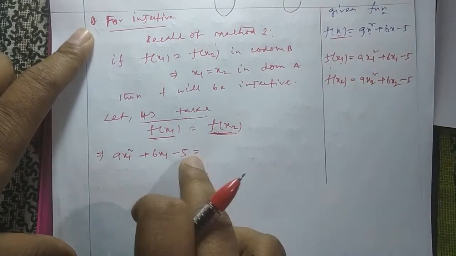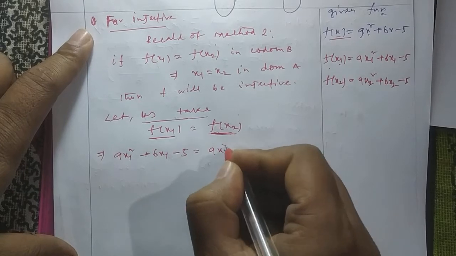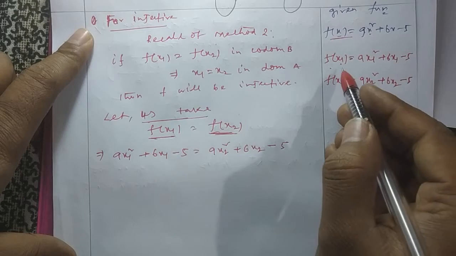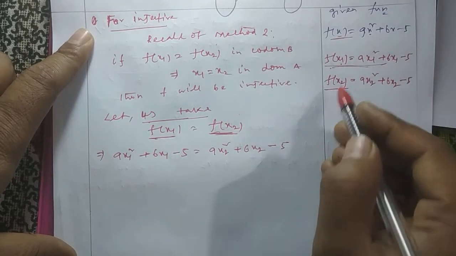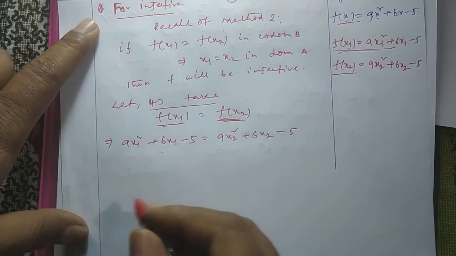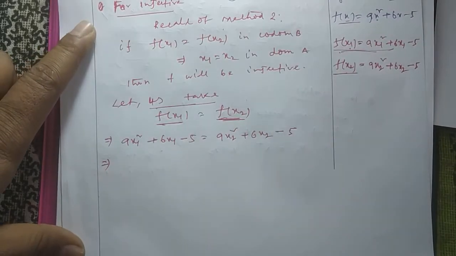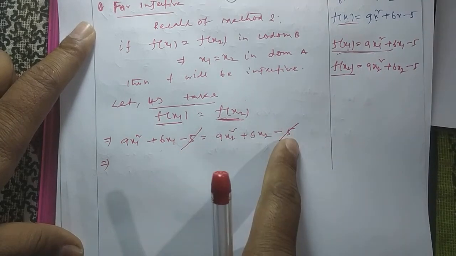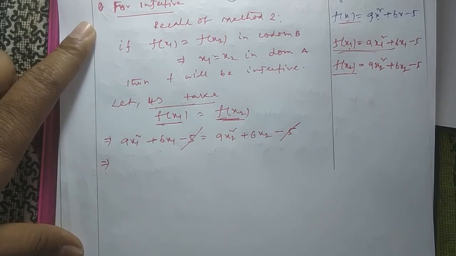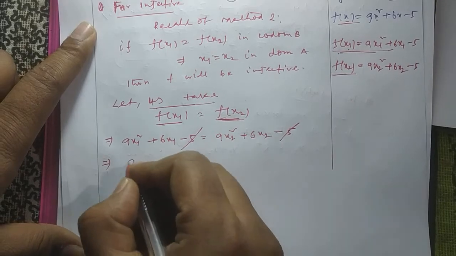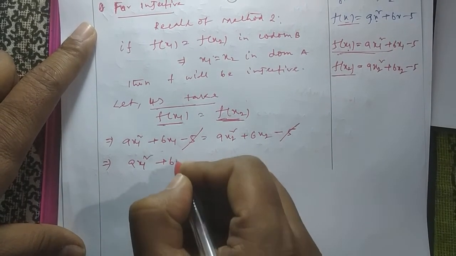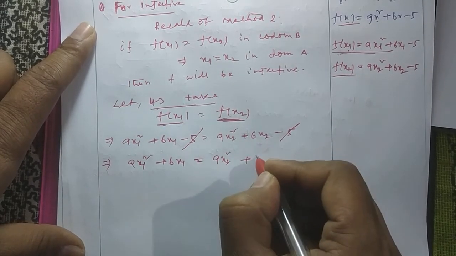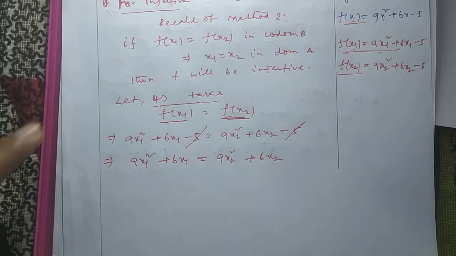Similarly, f(x2) will be 9x2 square plus 6x2 minus 5. Though I have put all the values f(x1) and f(x2) here, now let us calculate. The minus 5 will be cancelled because both are the same with the same symbol. Now what is left? 9x1 square plus 6x1 will be equal to 9x2 square plus 6x2. Right?